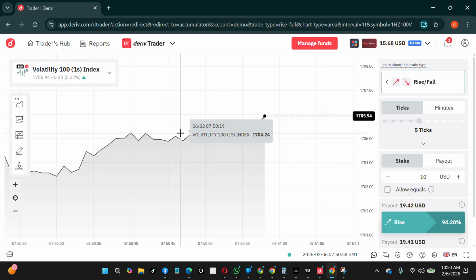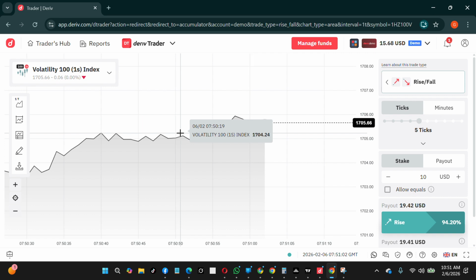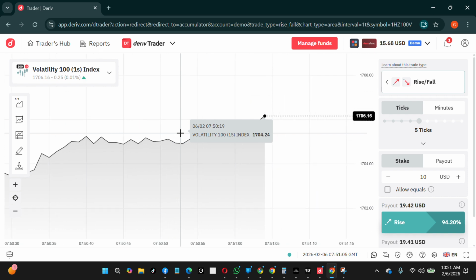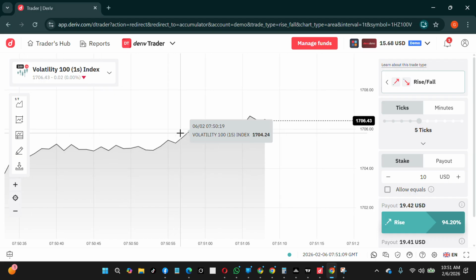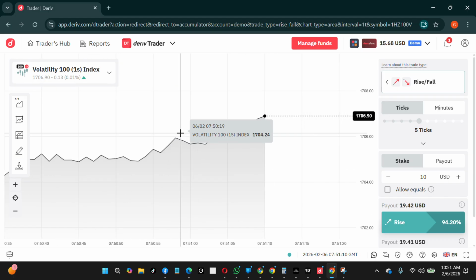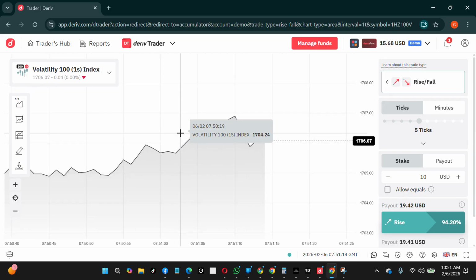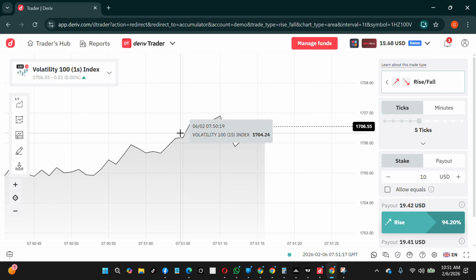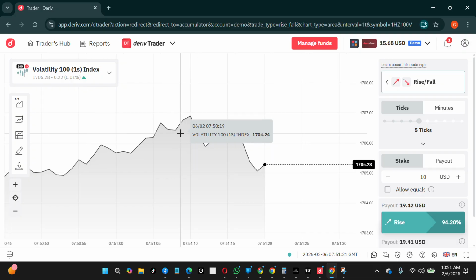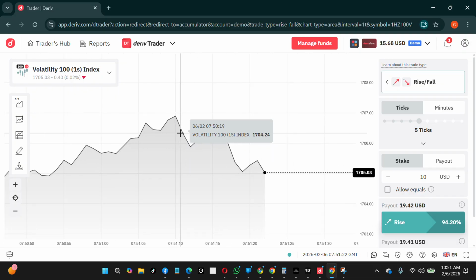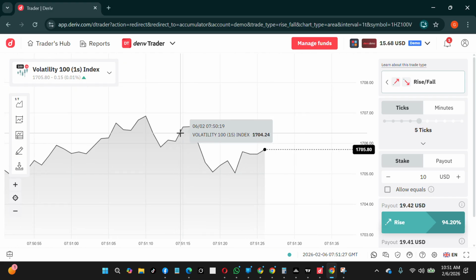In forex, the green candlestick normally shows that the buyers are in control of that market, and the green candlestick always moves upward, either in forex, crypto, stocks, or binary. The red candlestick in forex normally represents the sellers, and it normally goes down.